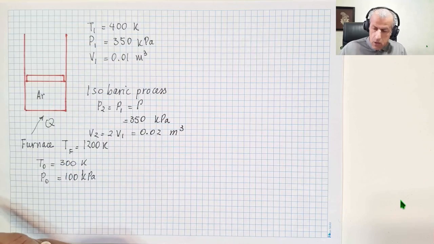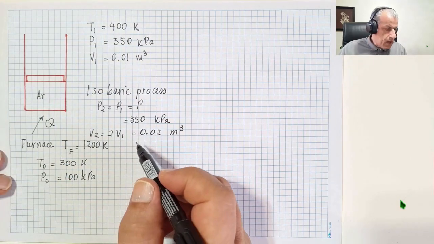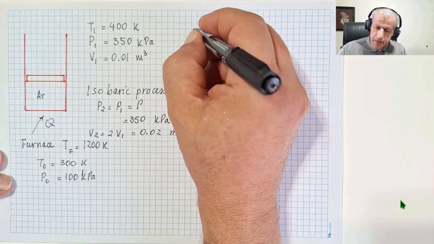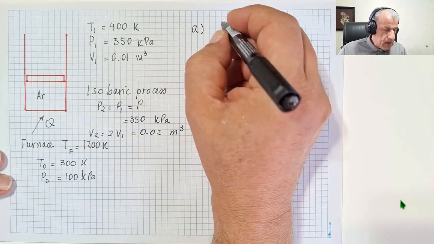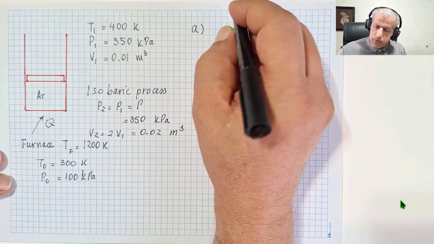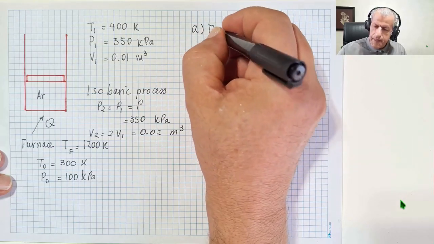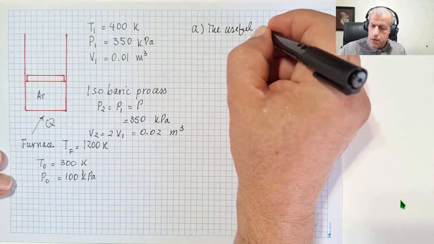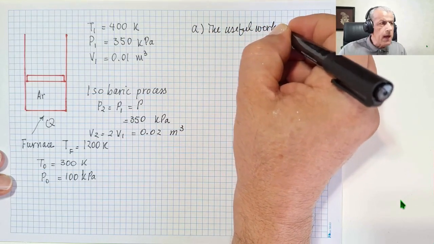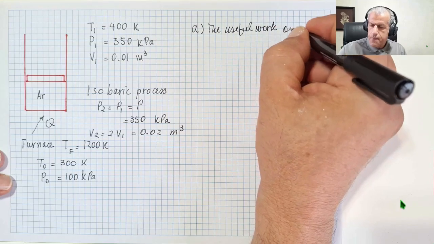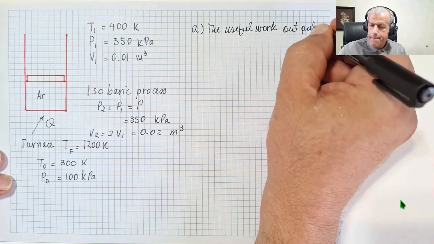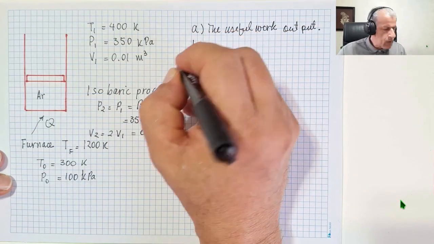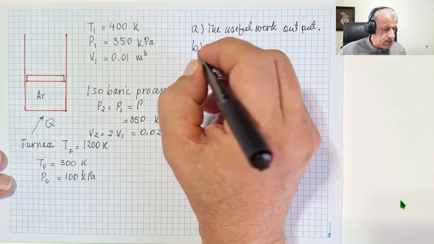Okay, now what does the problem ask from us? First, it asks us the useful work output. B, it asks us the exergy destroyed.